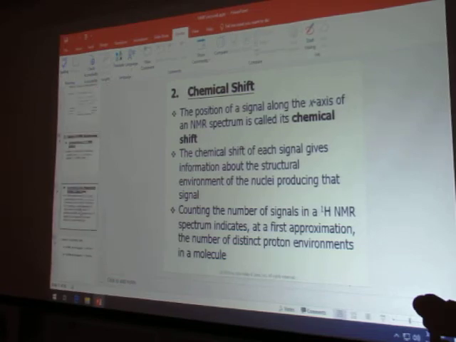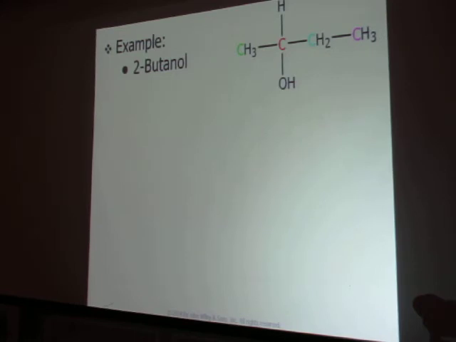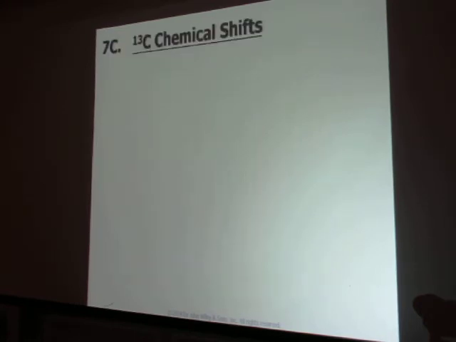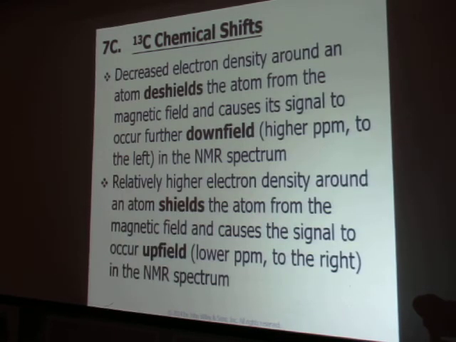Okay, so this is where I just went through. Now, chemical shifts, where they come on the x-axis is going to matter. You have the shielding and deshielding, same type of thing going on.